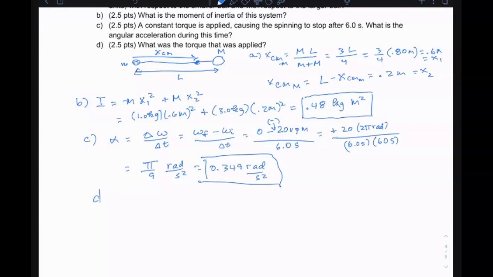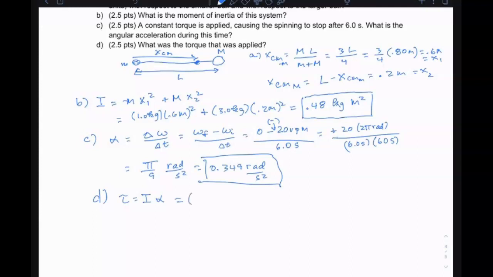Well, the rotational analog to Newton's second law is torque is equal to the moment of inertia times the angular acceleration. So we simply put in the results that we got from part B and C.